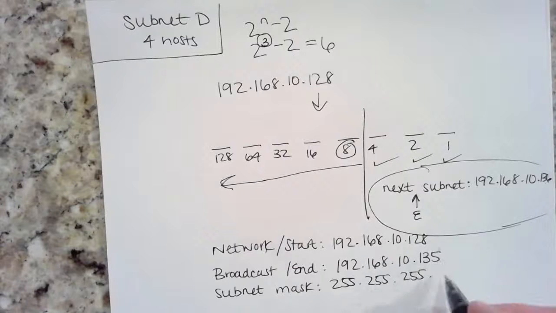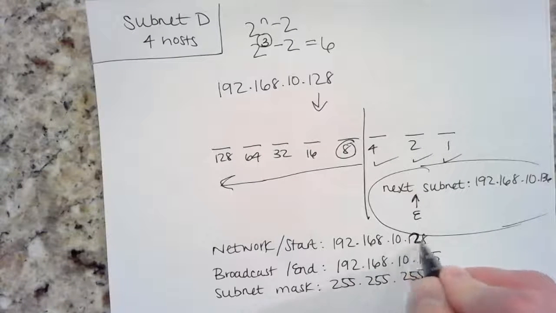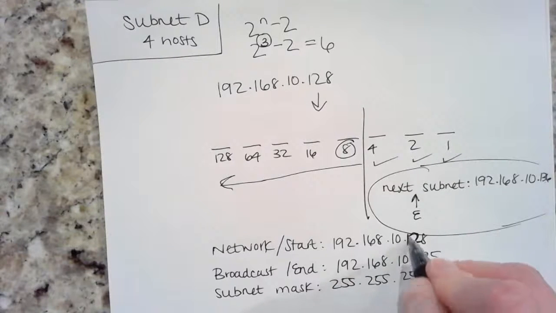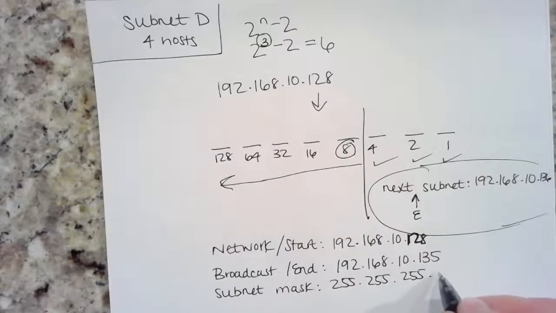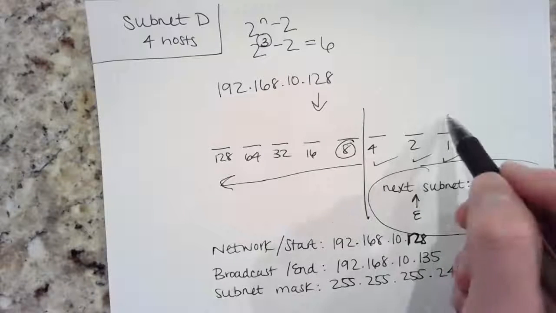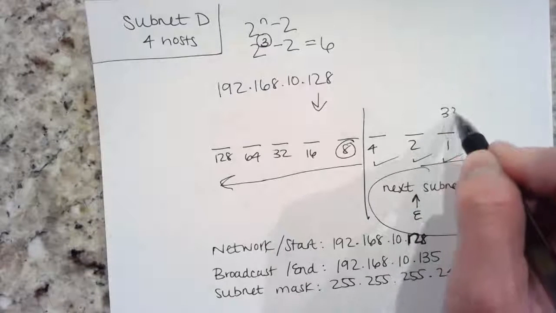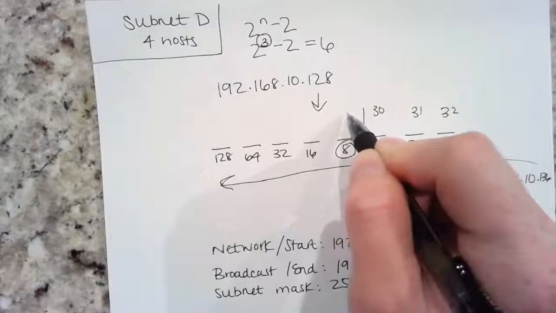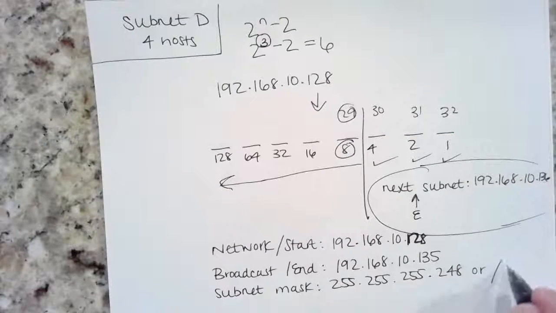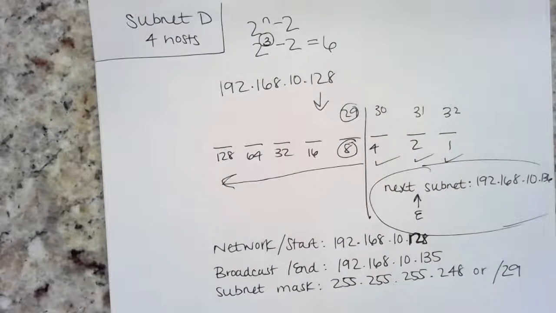We're in the 4th one. And then this last octet here is going to be 248. Or if we do it in slash notation, remember this is your 32nd, 0, 31st, 30th, 29. So it'll be slash 29.